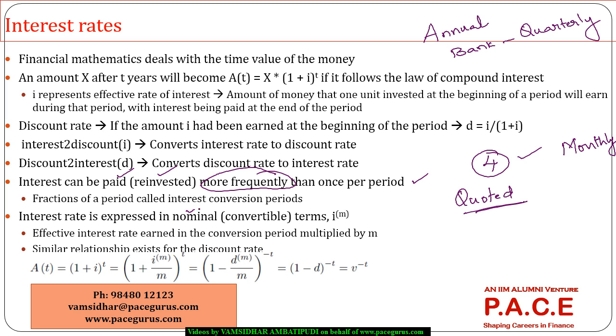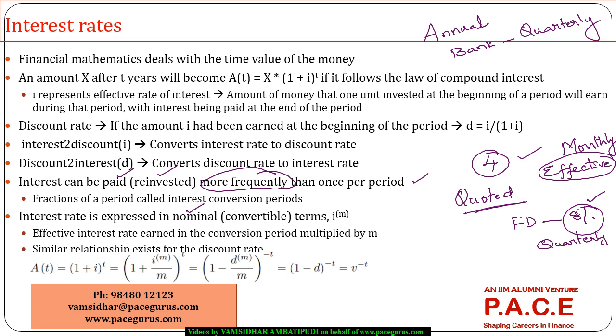So I will express it in nominal terms. So the bank might say, for this fixed deposit, the interest rate is 8%, but they may compound it quarterly. So they will not give me an effective interest rate which I am going to get for the year. They are not going to talk about the effective interest rate.